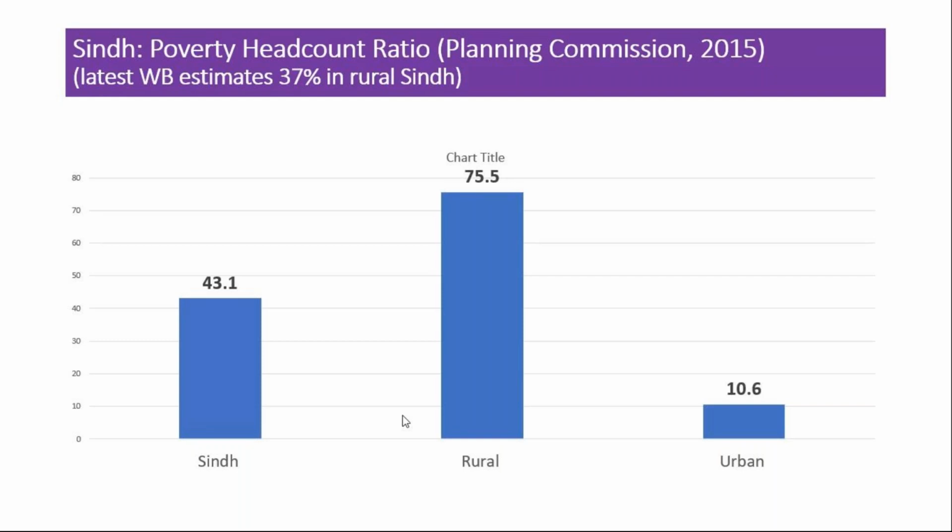But according to the latest World Bank estimates, the rural headcount has become less, which is 37%, because the 75.5% figure is way back from 2015. So there is definitely some improvement in poverty because of social protection programs like the Benazir Income Support Program and other programs.